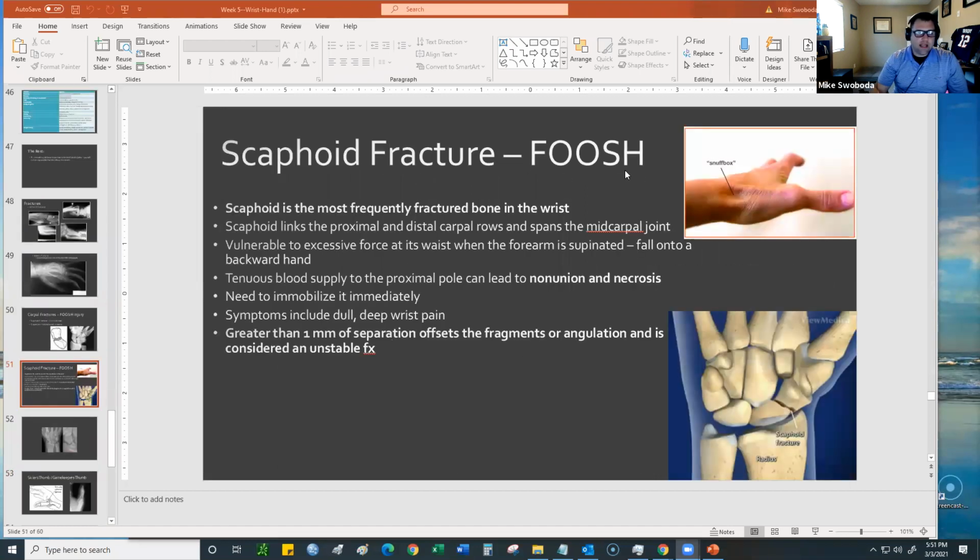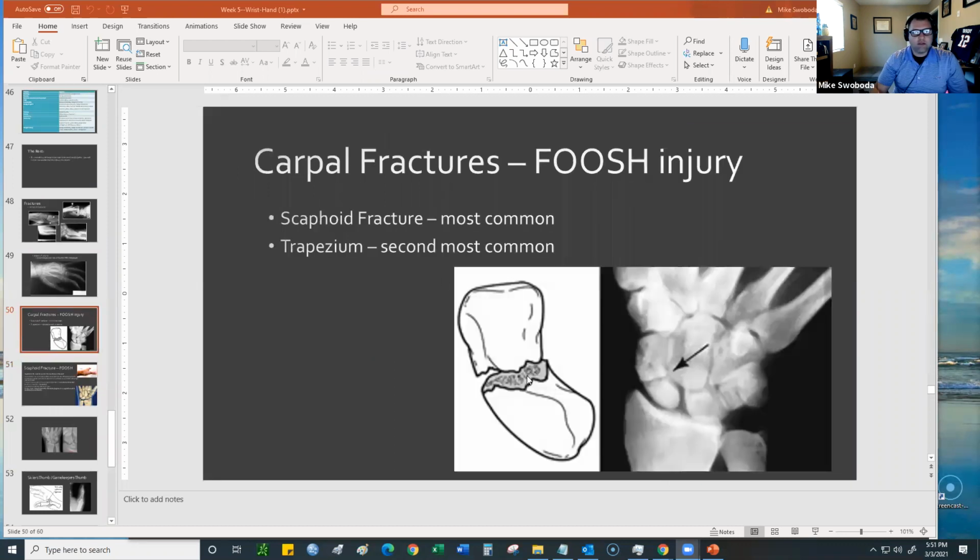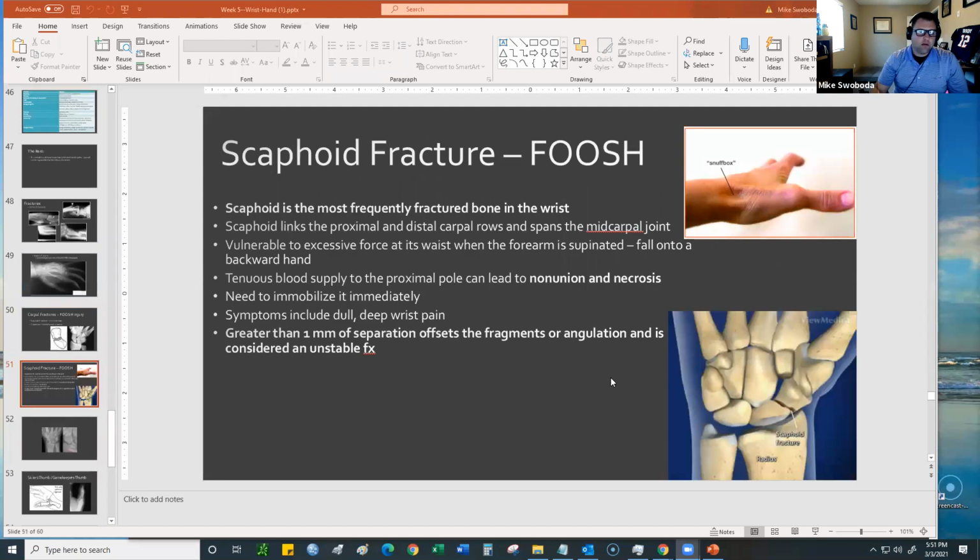All right, a scaphoid or a trapezium injury here. These are really most likely to happen if you're falling down.